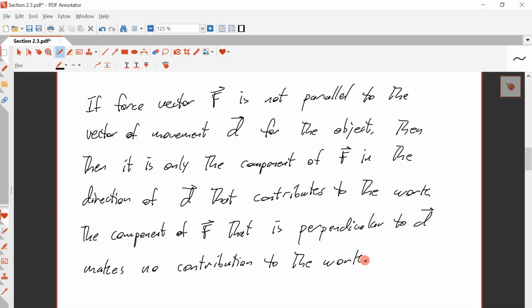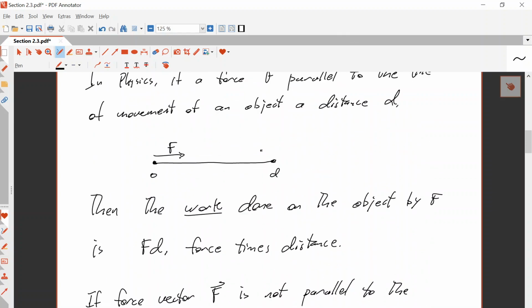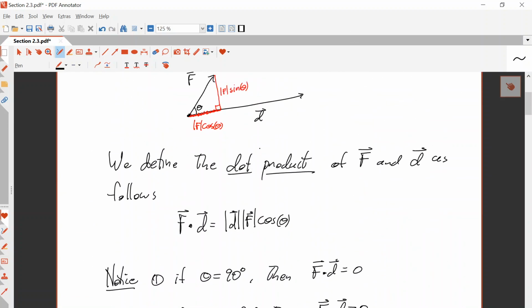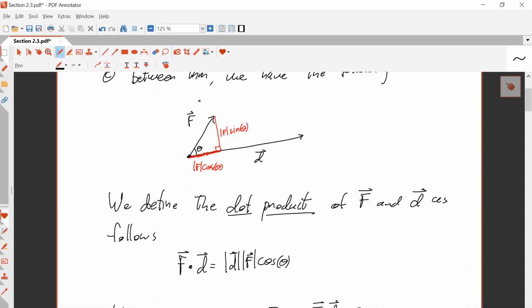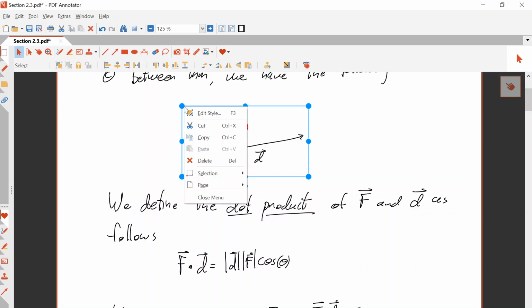So we are back to this picture up here. You've got some force that's not quite in the same direction as the movement of the object.